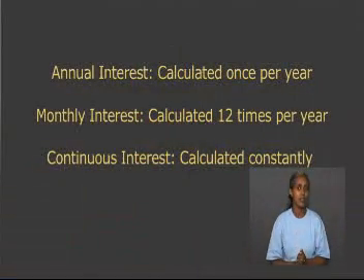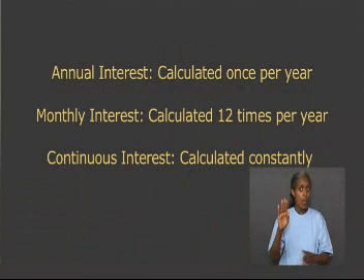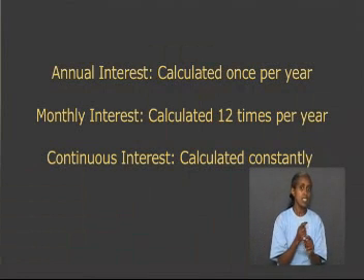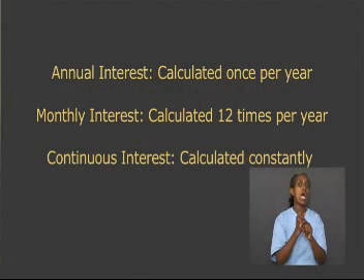If a person has a savings account with a bank, the bank pays interest on the balance of the account. If the bank calculates interest once a year, this is called annual interest.